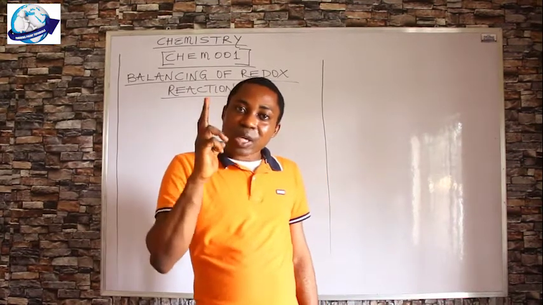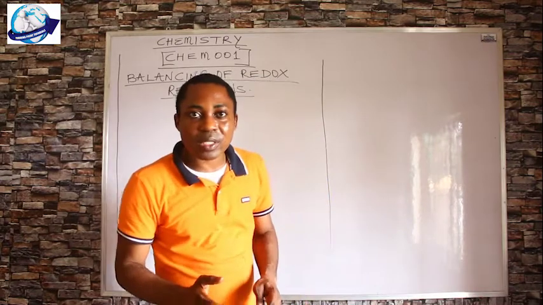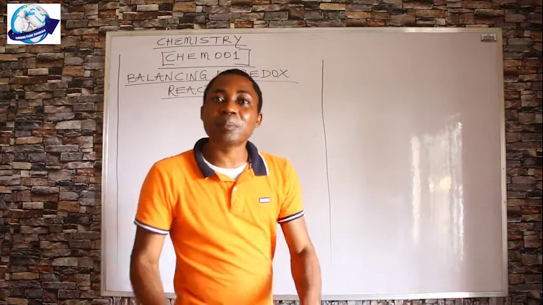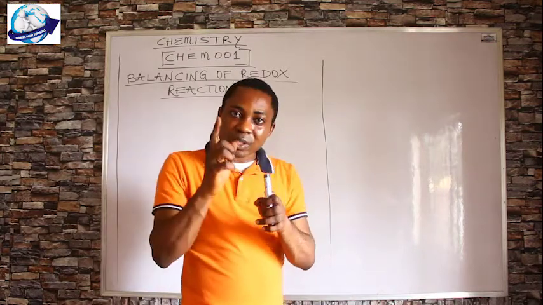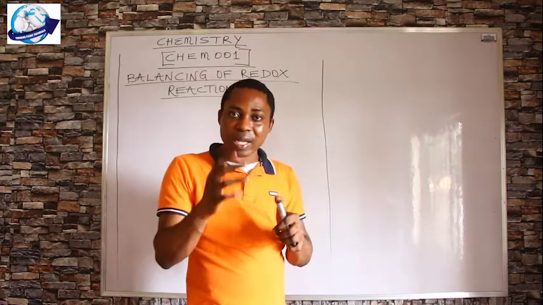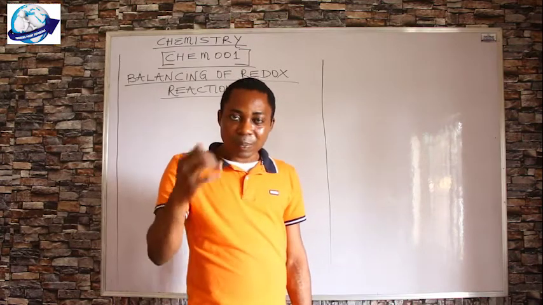You start with the central atom. After that, you balance the oxygen. The last thing to do is to balance the hydrogen. First of all, you start with the central atom, then you go to the balancing of the oxygen, and when you are through with the oxygen, then you go to the balancing of the hydrogen.